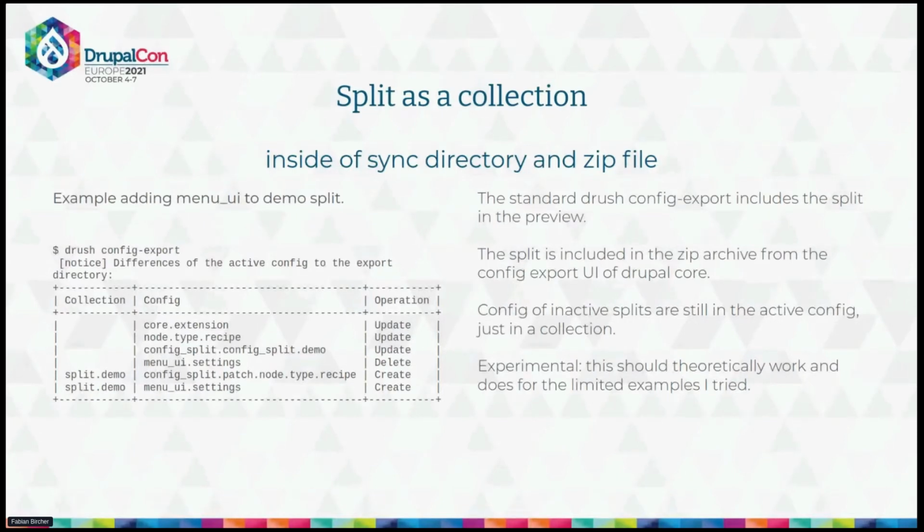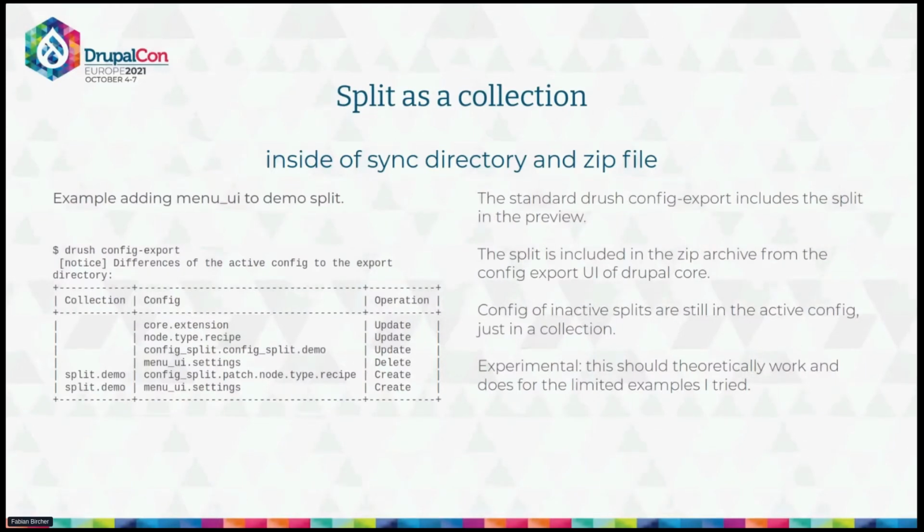And I made a small example for this, a terminal output copy paste, where I have my demo split, and then I just added the menu UI module to this demo split, and then I exported the configuration. You see core extension gets updated because the menu UI gets removed.